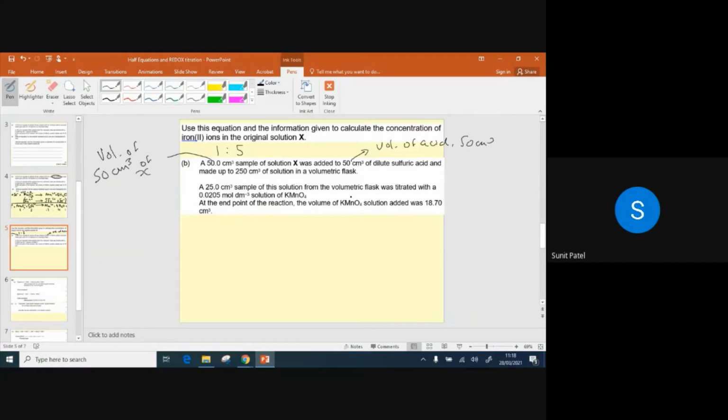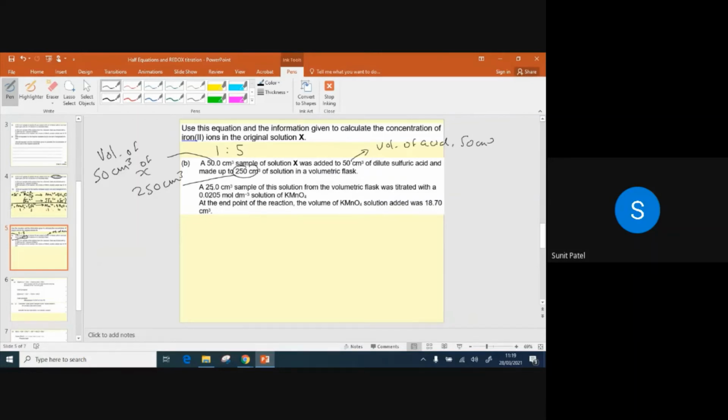Bringing out the numbers really helps. Then the next number I've got is 250 cm cubed, and that's the made-up volume. So it's 250 cm cubed of this solution. What happened was you reacted 2 chemicals together, and that comes up to 100 cm cubed, and you've made it up to 250 by adding distilled water to it.